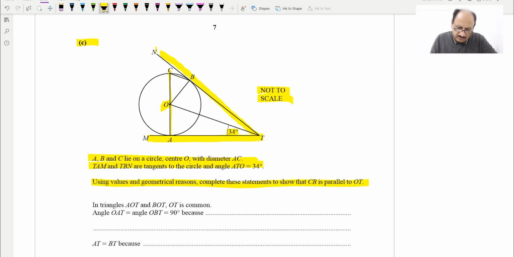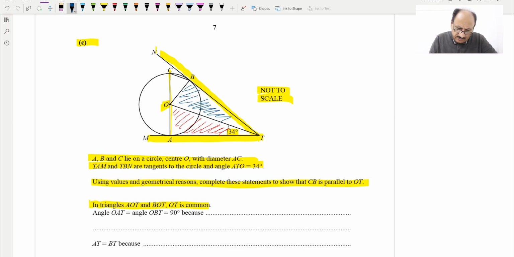So they are asking about triangle AOT, this one, and triangle BOT, this triangle.